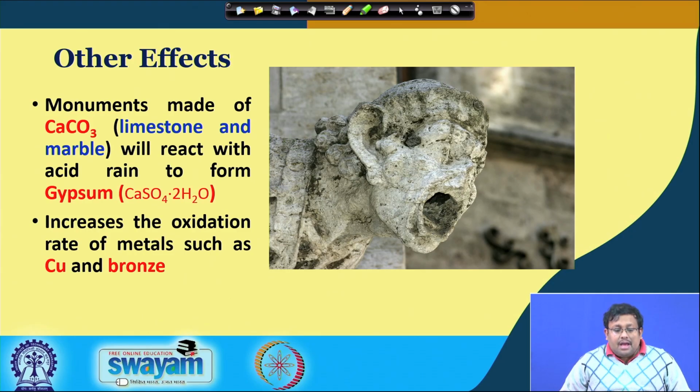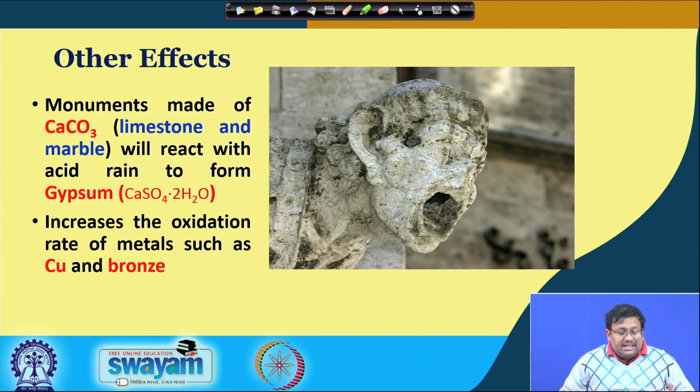Acid rain produces rain containing caustic acids like sulfuric acid as well as nitric acid, and these acids erode monuments made of calcium carbonate, because calcium is a basic cation. Calcium carbonate, which is limestone and marble, gets damaged because it reacts with the acid and ultimately produces gypsum, which is calcium sulfate dihydrate, CaSO4·2H2O.